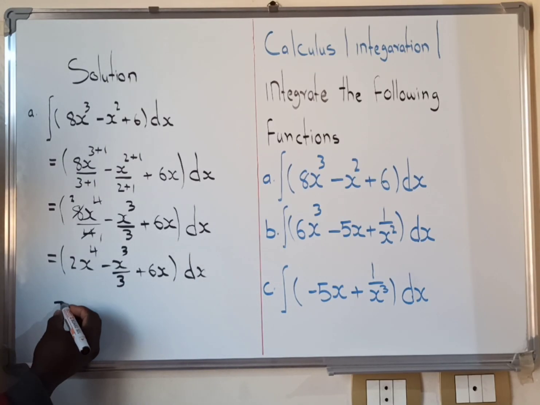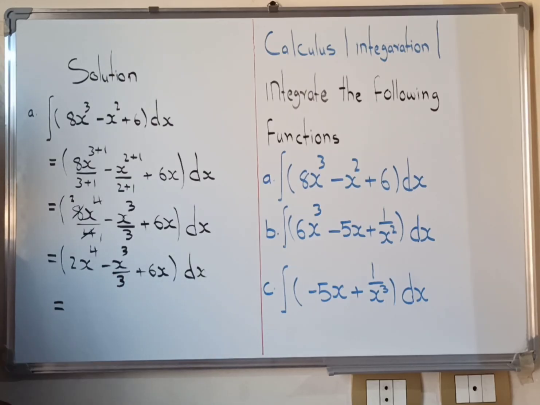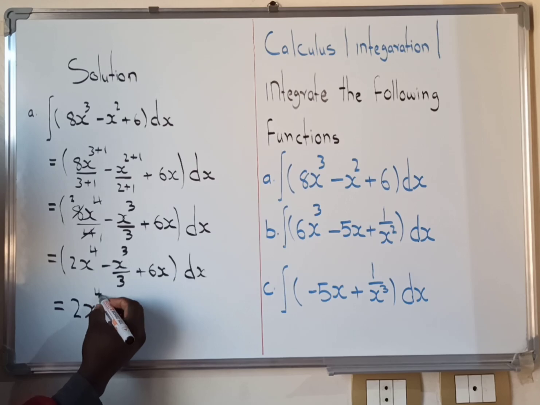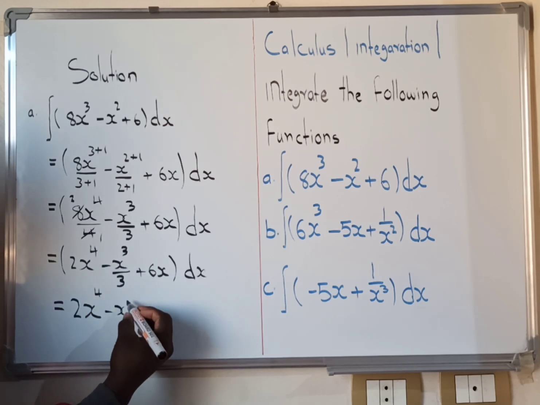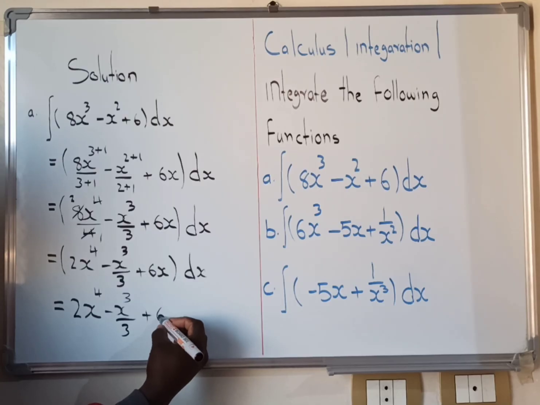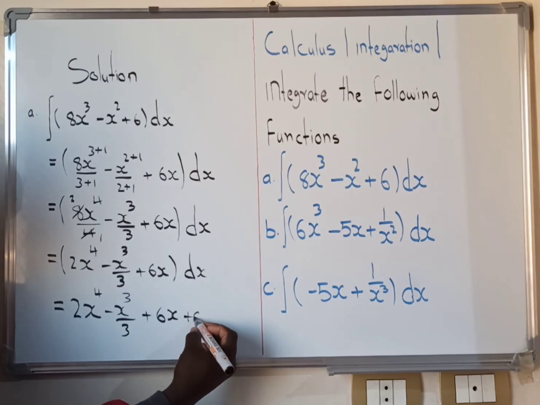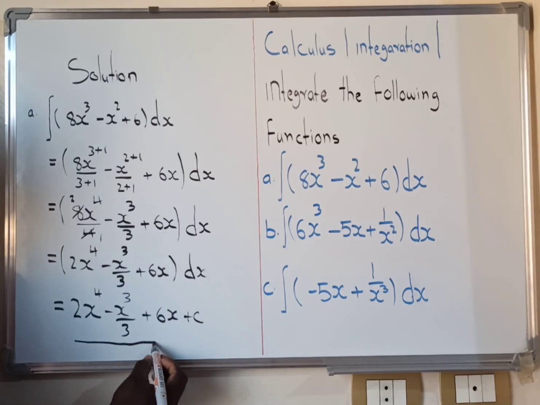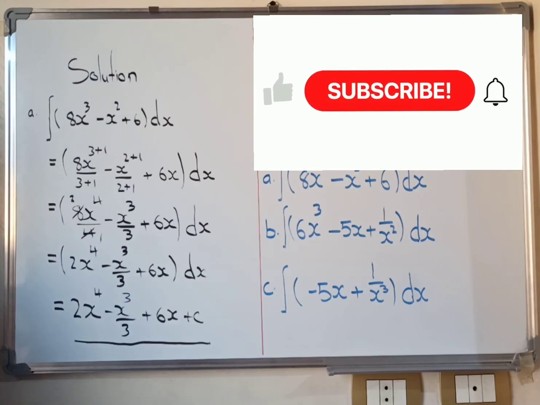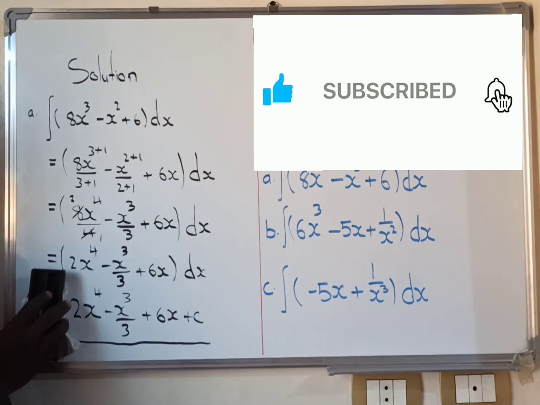So we're going to say equals, taking it out from the bracket. So we have 2x power 4 minus x power 3 over 3 plus 6x plus c. And this is the final answer of what we have from the beginning. So I hope everything is now clear. So we have to clean it, and therefore we go to question B.